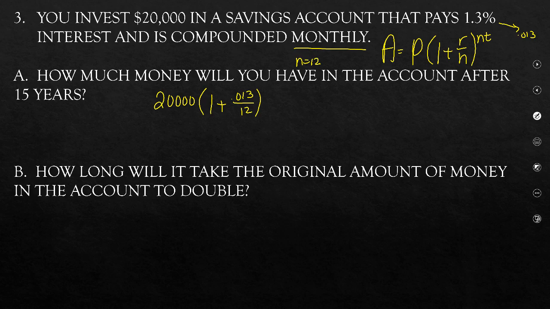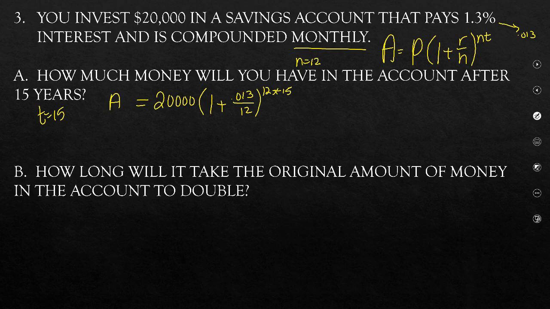And then answer our question: how much money do we have after 15 years? So this one is actually looking for our final amount, where t equals 15. So our exponent has to be the number of times compounded times the number of years. Type it into your calculator as is.